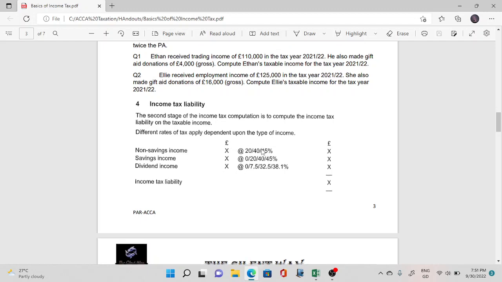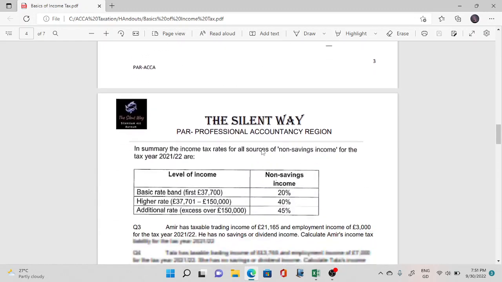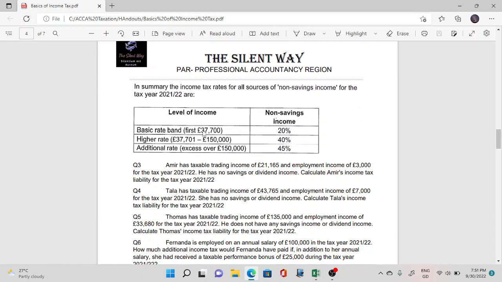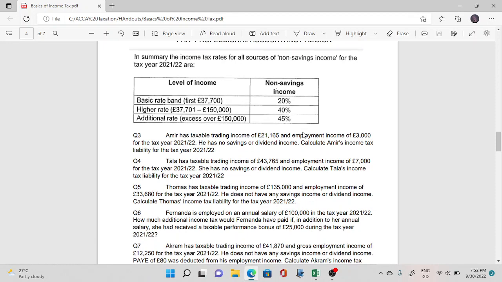We have the thresholds for that as well, given in the tax table. If your income falls in the first 37,700 pounds band, this is the basic rate band, and you will be taxed 20%. If it's higher, between 37,701 and 150,000, it's 40%, and after that you will be counted as additional. This is for non-savings income.